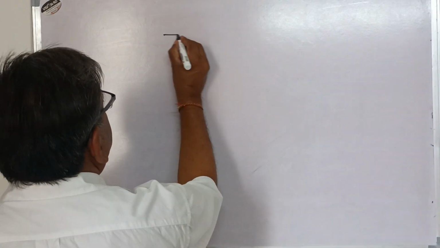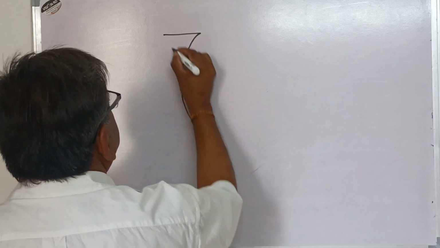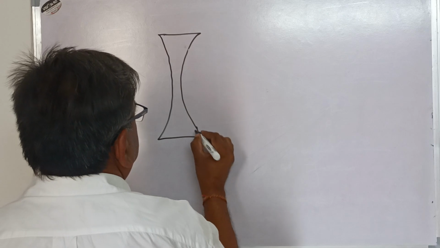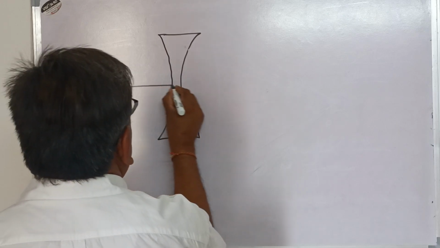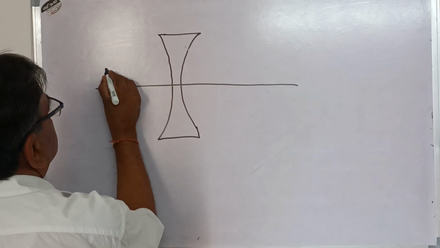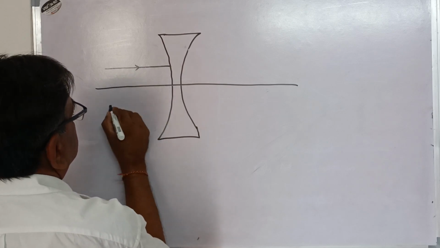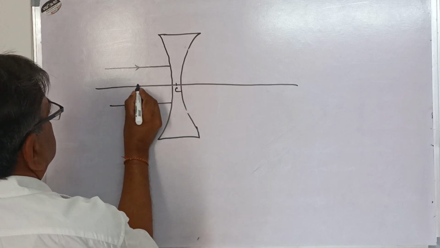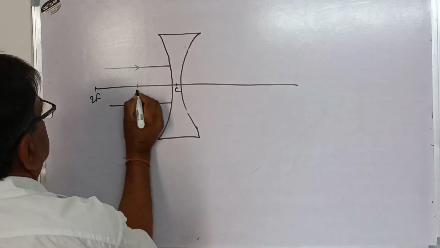You make both lenses. This is concave lens. When the rays come parallel to the principal axis, this is C, so this is the principal axis, from here to here.